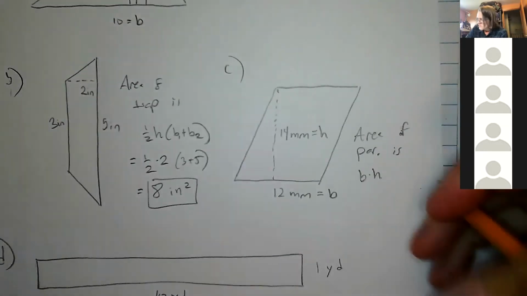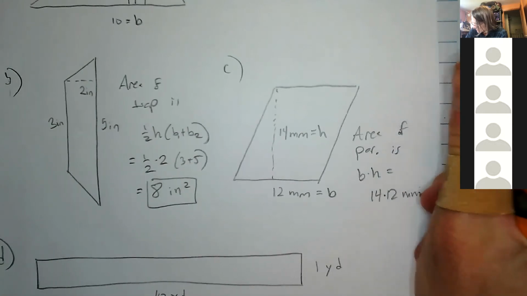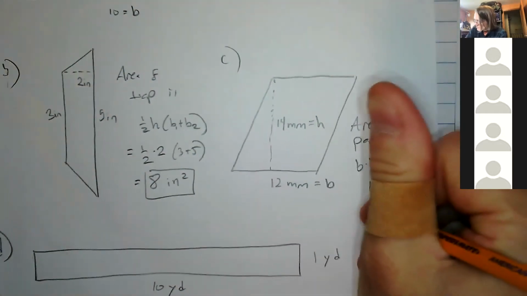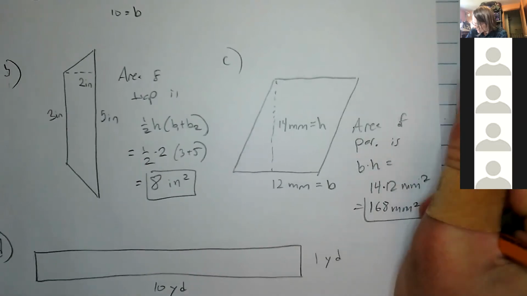So it's just 14 times 12 millimeters squared. What is 14 times 12? 168. So 168 millimeters squared.